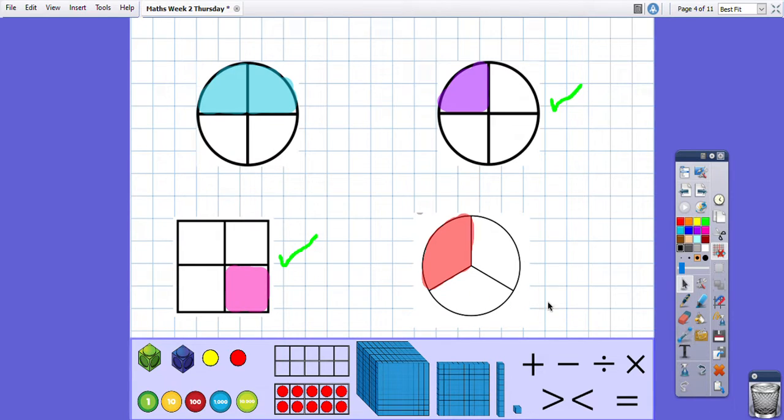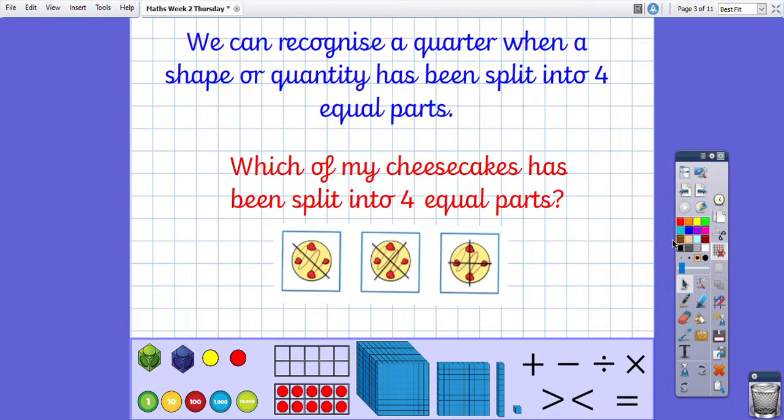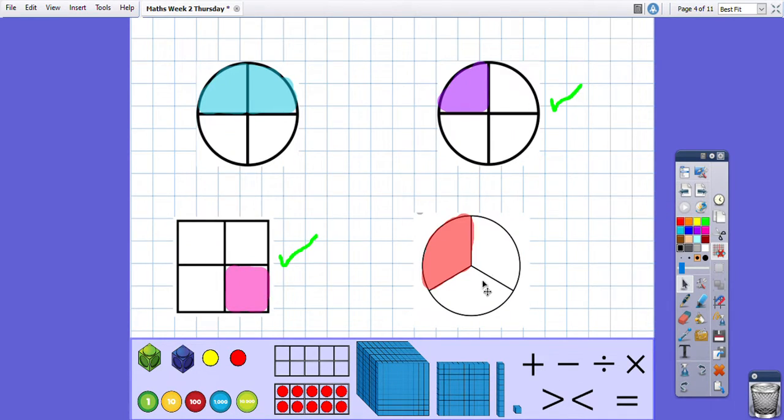There's something wrong. It's different to all the others. It's only split into 3 parts. And we know that to recognise a quarter, it needs to be 4 equal parts. And that's only 3, so that one has not got 1/4 shaded.